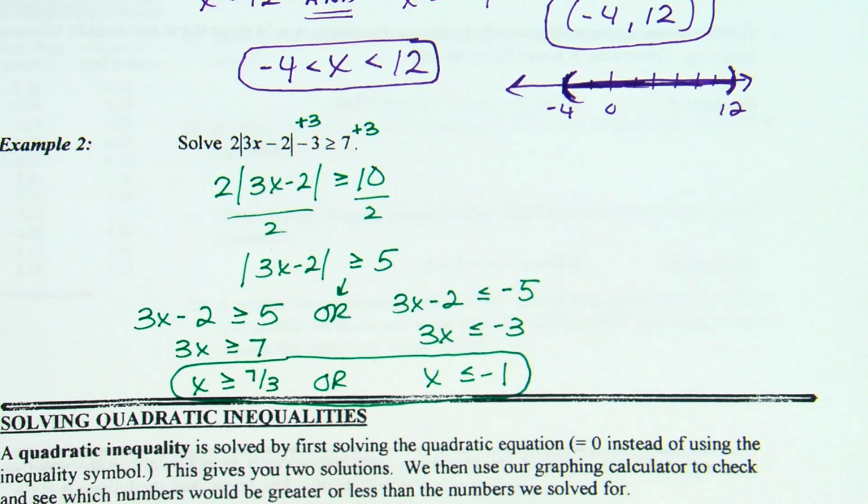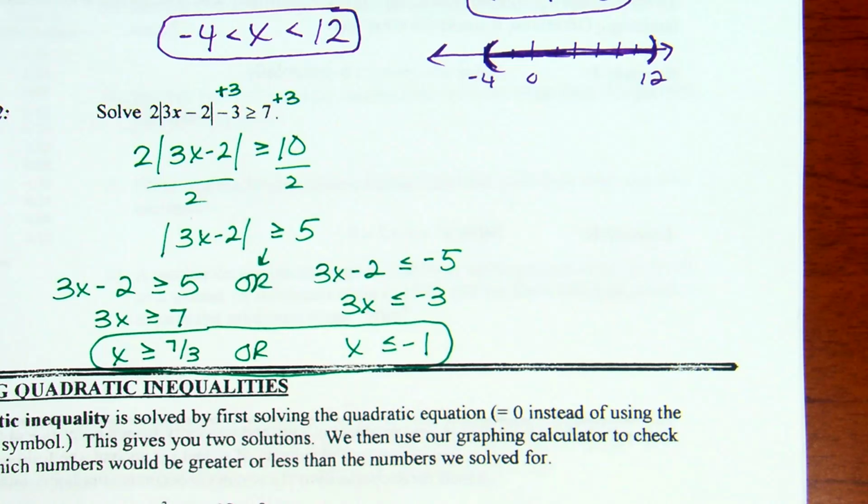Now, what about interval notation? And what about a graph? Can you do the interval notation without a graph, or do you have to have the graph? That's a personal choice, I guess.